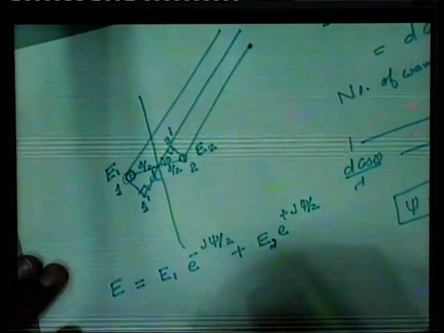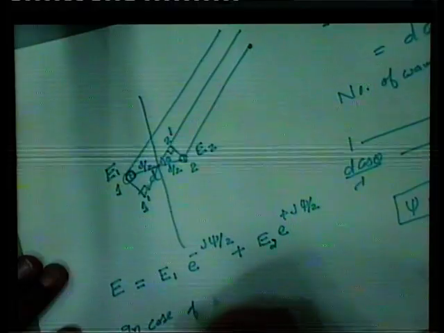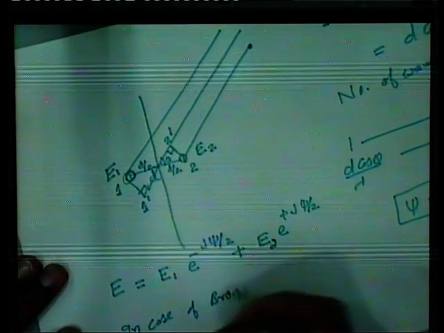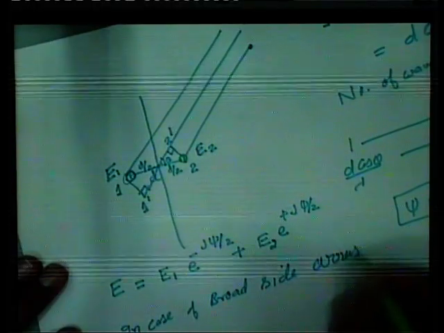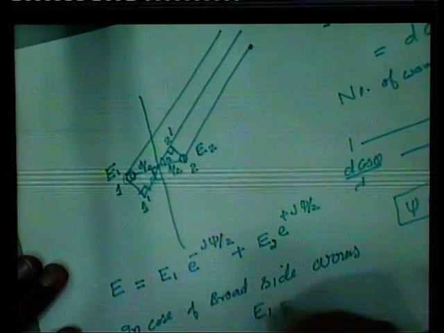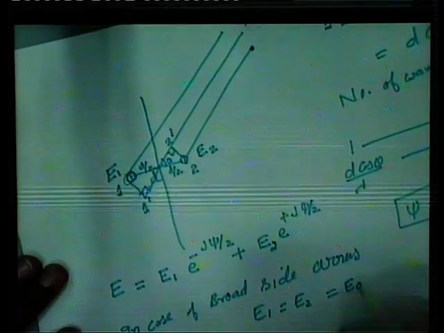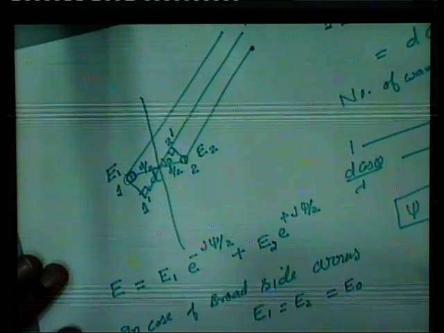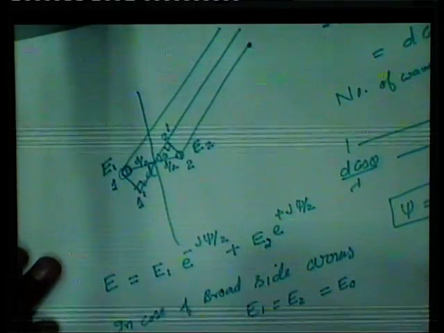In the case of a broadside array, E1 equals E2 equals E naught, meaning each element is fed with a current of equal magnitude and the same phase.